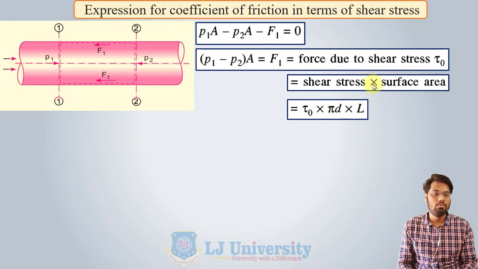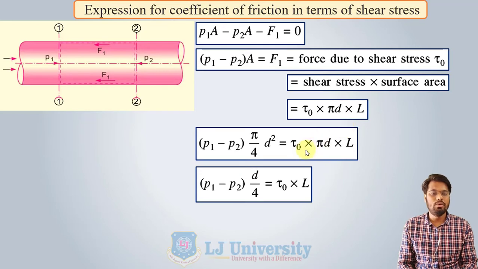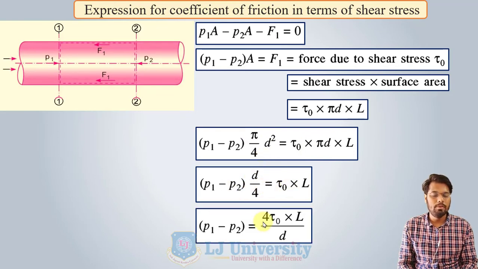So tau into surface area, which is pi d L. So P1 minus P2 into the area pi by 4 d square is equal to tau pi d into L. Simplifying this equation, pi is cancelled and one d is cancelled. So we get P1 minus P2 into d by 4 is equal to tau into L. Simplifying further, we get P1 minus P2 is equal to 4 tau L divided by d.